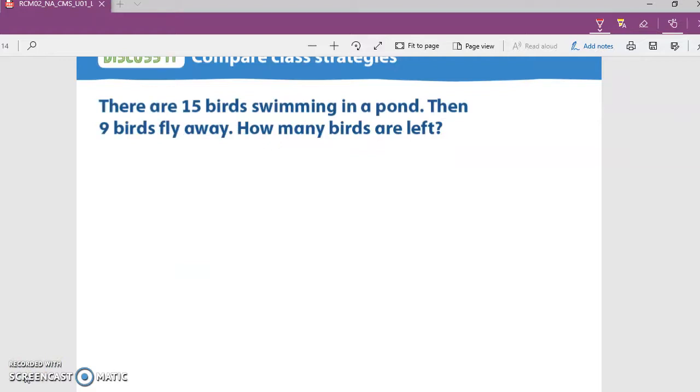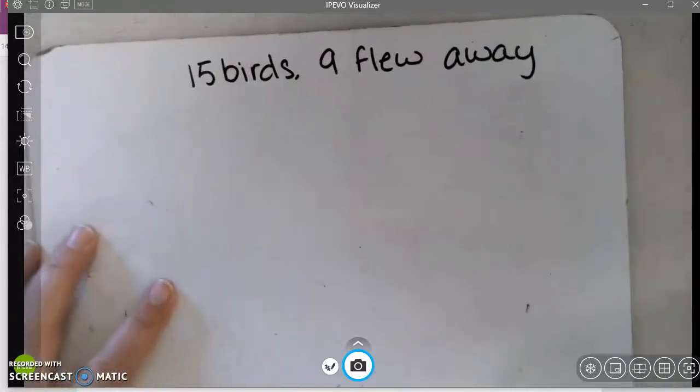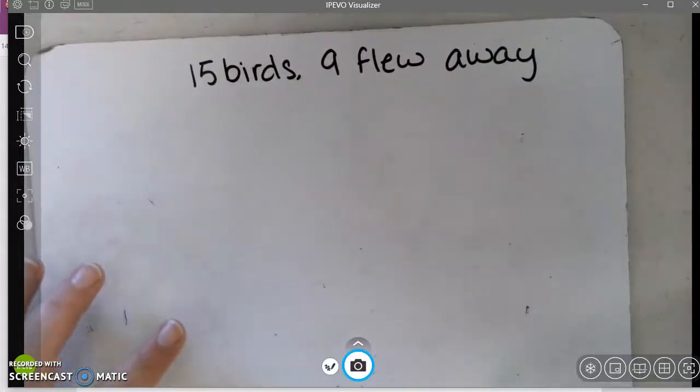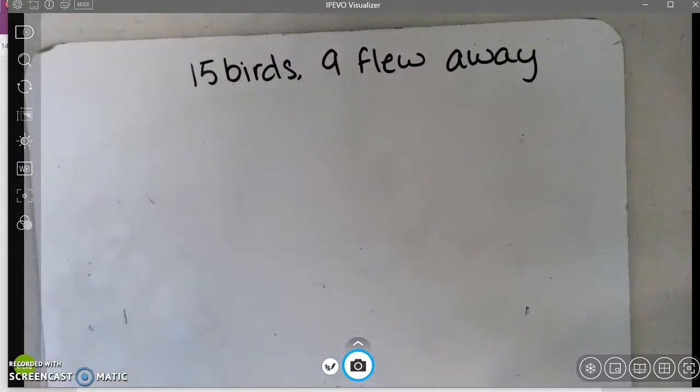So real quick, I'm going to jot down 15 birds, 9 flew away. So here's the important parts of my problem, and I know that I'm trying to figure out how many are left.